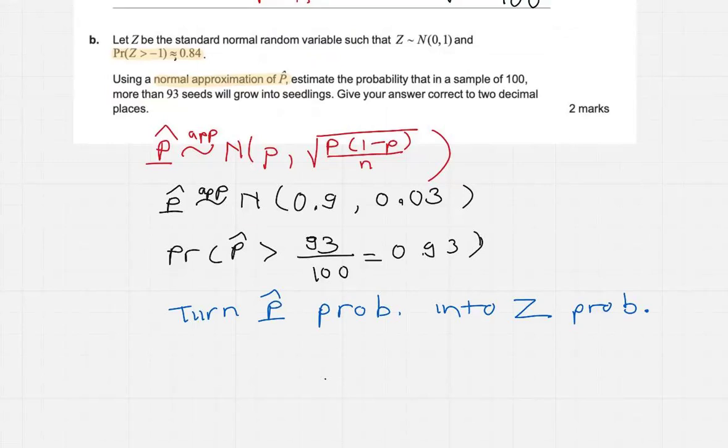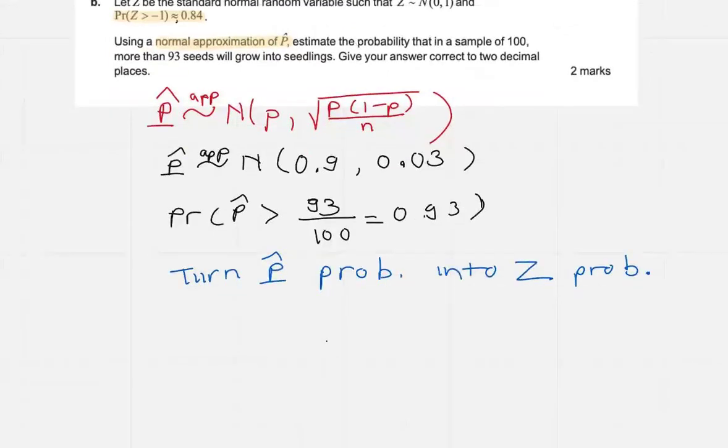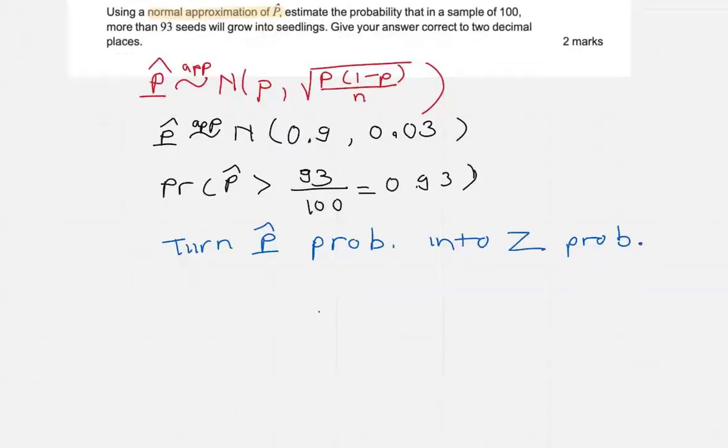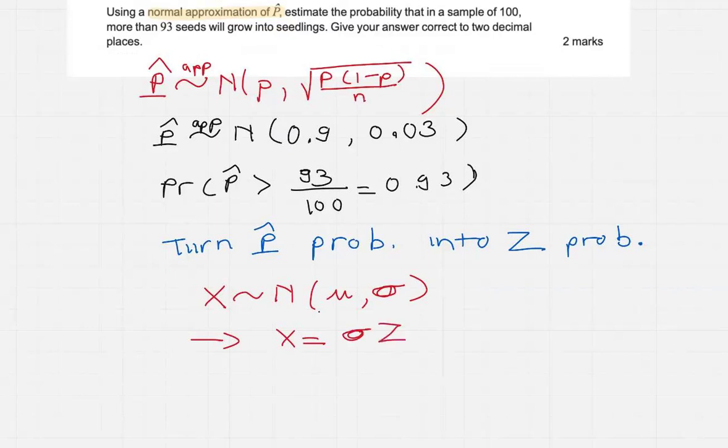Let's recall, and this is very important, that if x is distributed normal with mean mu and standard deviation sigma, then x will be sigma multiplied by z, the standard normal, plus mu.